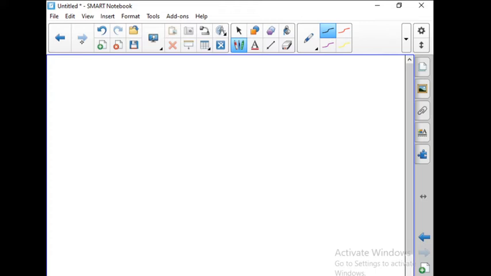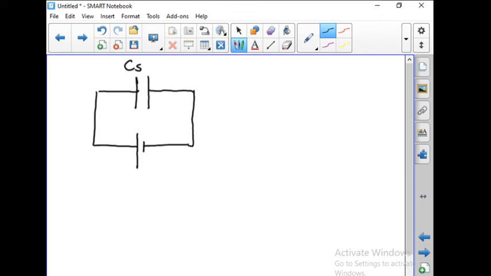The single capacitor will do the function of all three capacitors, and its capacitance is represented as Cs. So Cs is the equivalent capacitance. How will you calculate Cs?